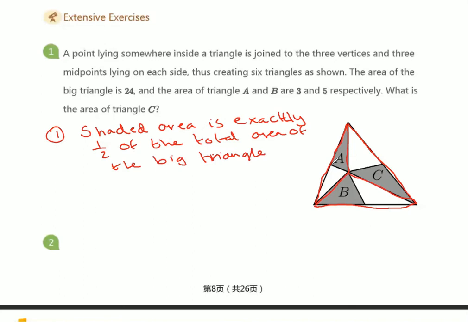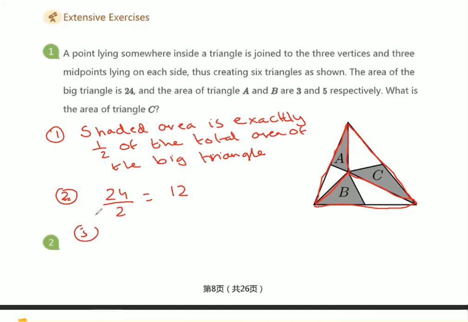Because you can see that in each triangle you are indeed seeing a half model that we looked at in the lesson. So we know that the area of A, B, and C has to add up to 24 divided by 2. We know 24 divided by 2 is equal to 12.